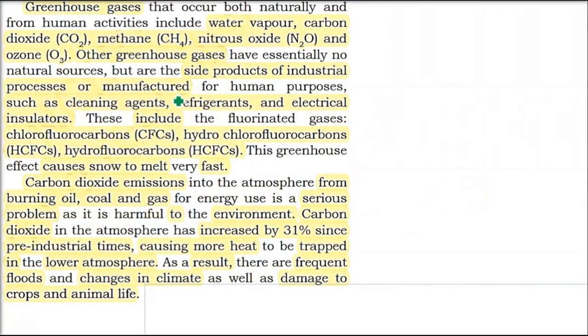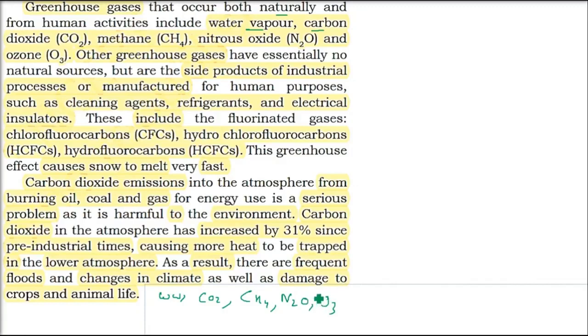So the greenhouse gases, as I said, are natural and also human-made, because nature is already producing and we are also adding to it. For example, water vapor, carbon dioxide, methane, CH4, nitrous oxide, N2O, ozone, O3. All these are the greenhouse gases.